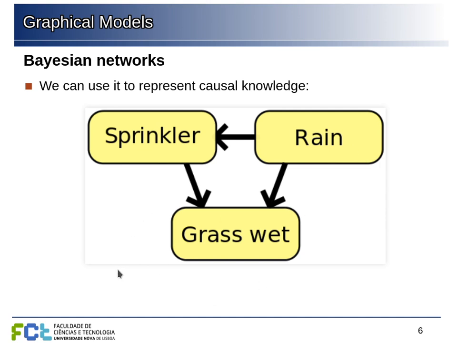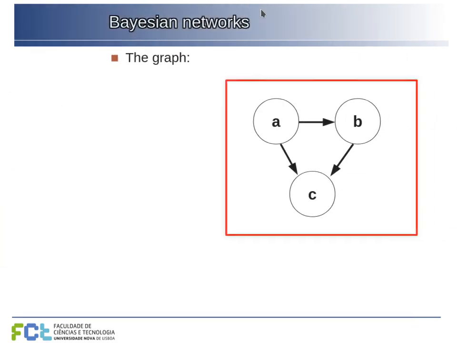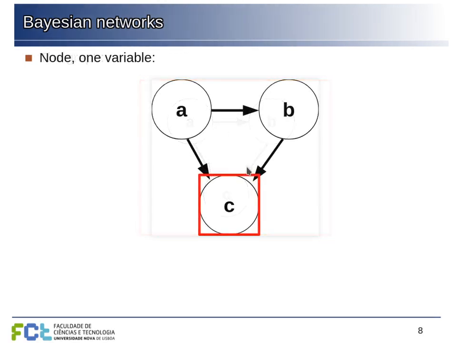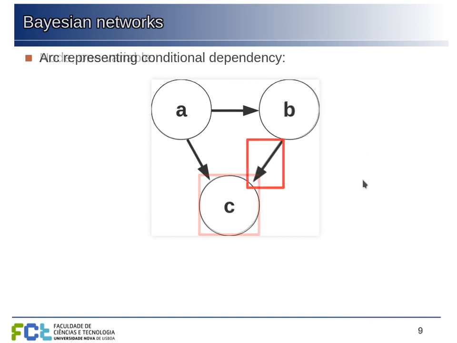So we can use a Bayesian network to specify our knowledge about the relations between the different variables. And what we have here, the graph, is this representation where we have the different variables, their connections, and so on. The nodes in the graph represent the different variables. Each node represents a variable. We have these arcs, these edges connecting the nodes, which are directed to represent conditional dependency.